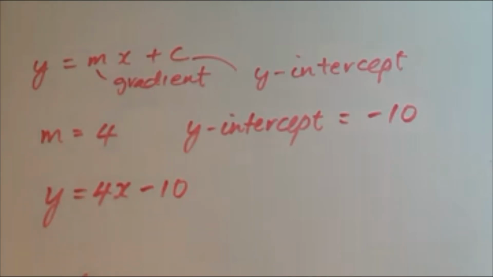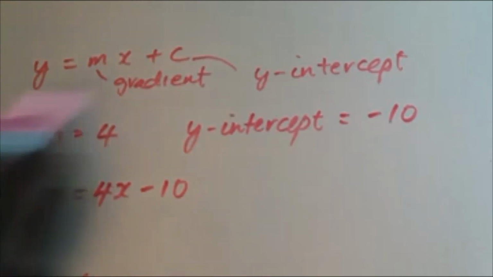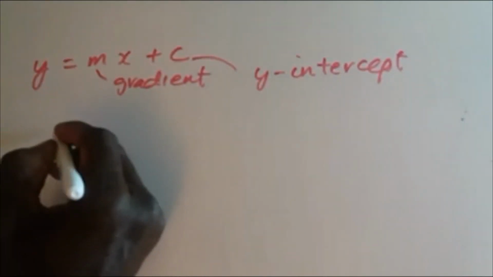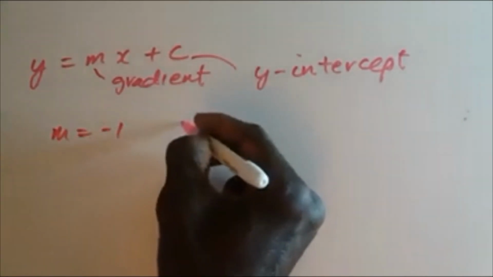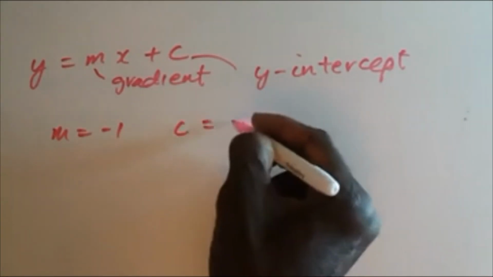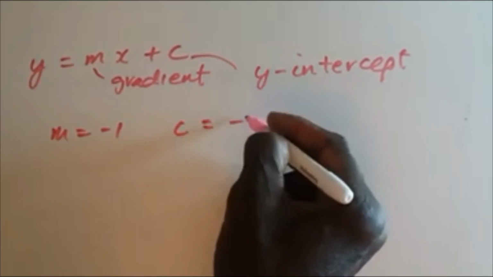Another one would be gradient of minus 1 and y-intercept of 5. m equal to minus 1 and c equal to 5.